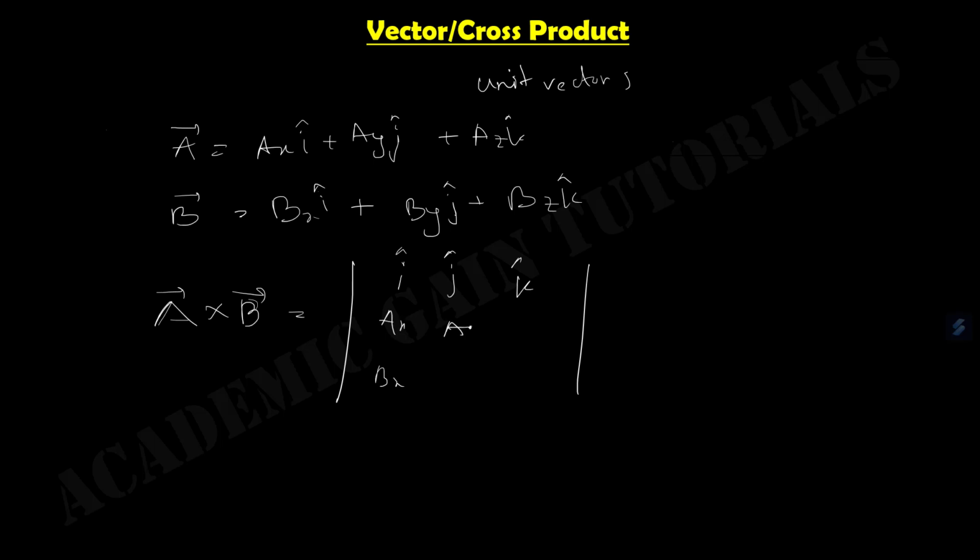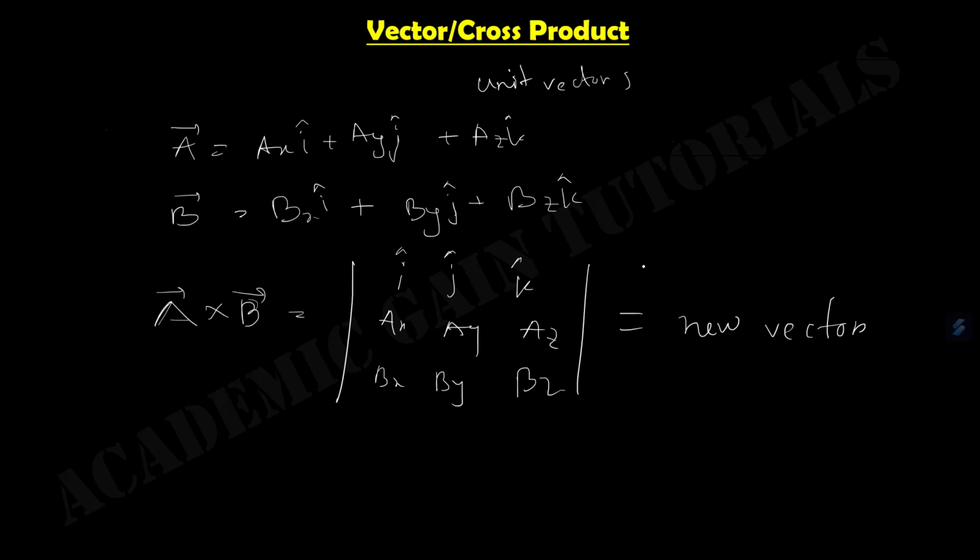For j we will get AY BY, and for k we will get AZ BZ. When we determine this determinant, the result will give us a new vector. So in that manner, we will find the cross product of these two vectors A and B.